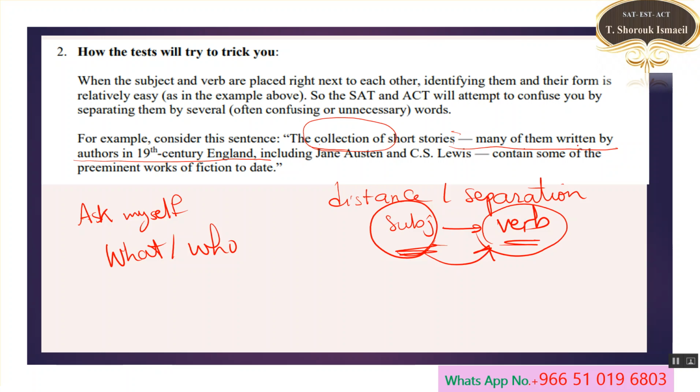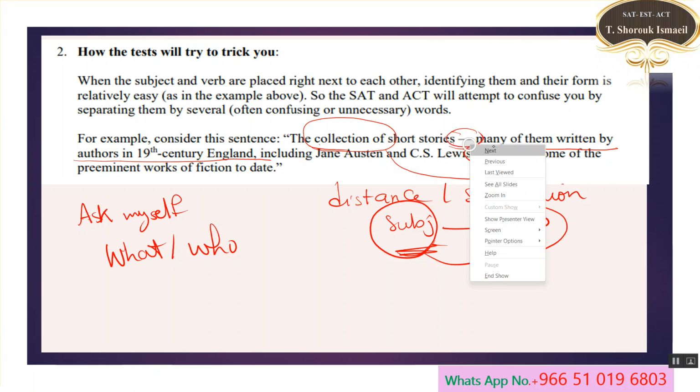"Many of them written by the authors in 19th century England, including Jane Austen and C.S. Lewis, contain." So here I'm talking about this collection. What does it do? It contains. Let's have a look at these two slashes that I have here.